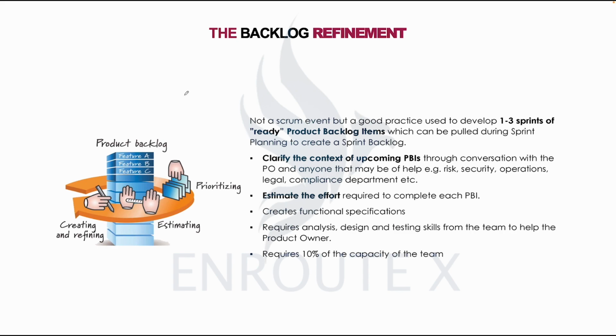You want to ensure that when a developer picks a piece of story, such developer has the full understanding of what needs to be done. So let's go into the details.